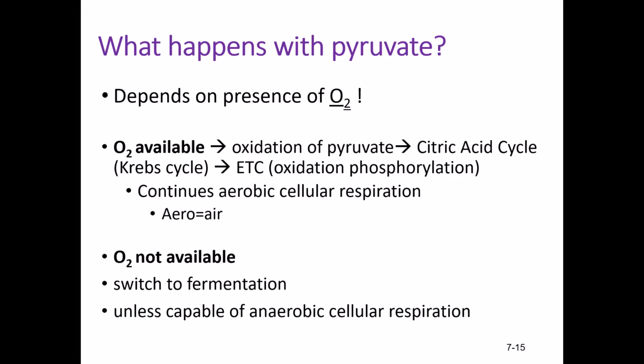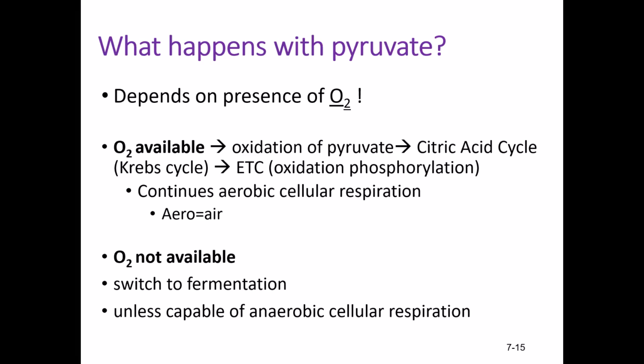So we made those pyruvates, or pyruvic acid. So what happens with them? Well, that really depends on whether oxygen is available or not. If oxygen is available, we go on to the oxidation of pyruvate, which is the next step, then the citric acid cycle, then the electron transport chain, which our book calls oxidative phosphorylation and chemiosmosis. So it continues on with something called aerobic cellular respiration.